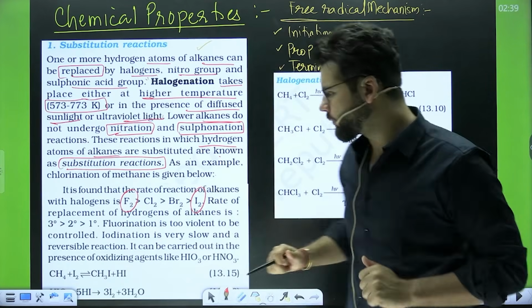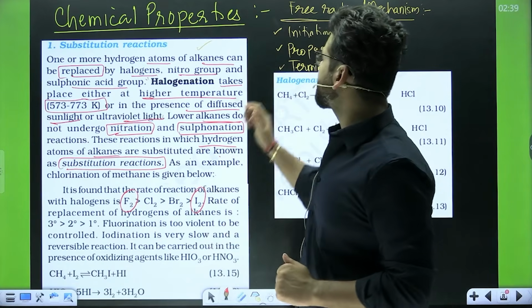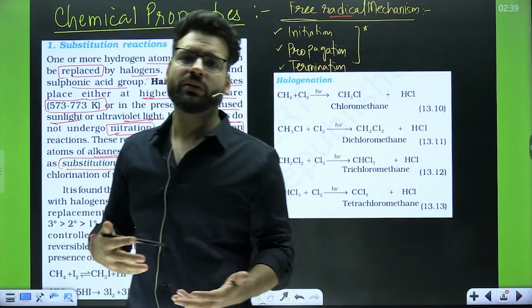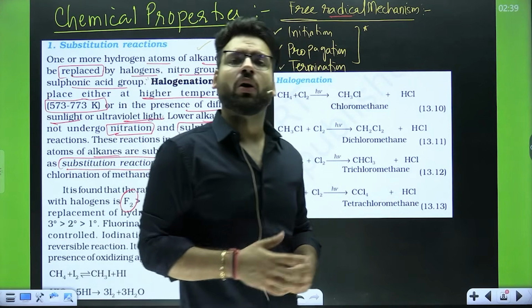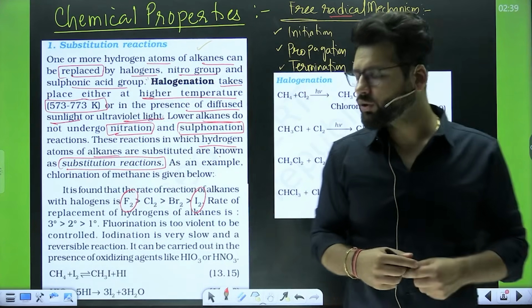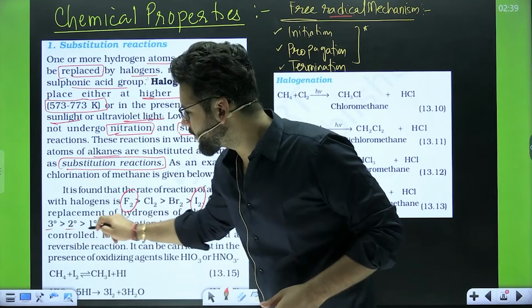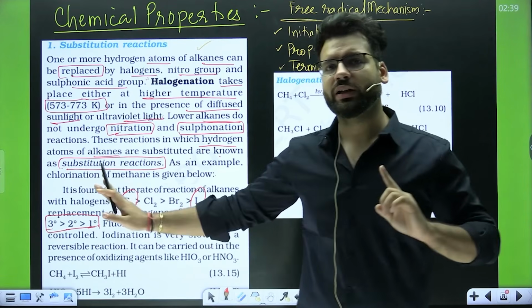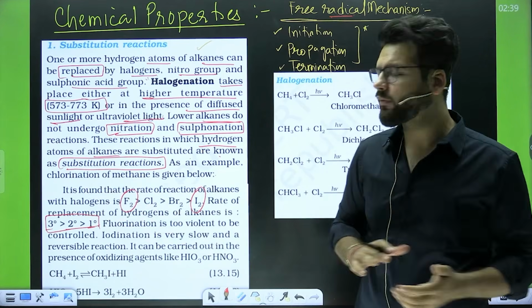Few facts to learn. Because it's a radical mechanism, radicals are very stable on allylic carbons due to resonance, or tertiary carbons due to hyperconjugation. So allylic, tertiary, secondary, primary, this would be the order of reactivity. Allylic will be more reactive than tertiary as well. Allylic, benzylic will be highly reactive.